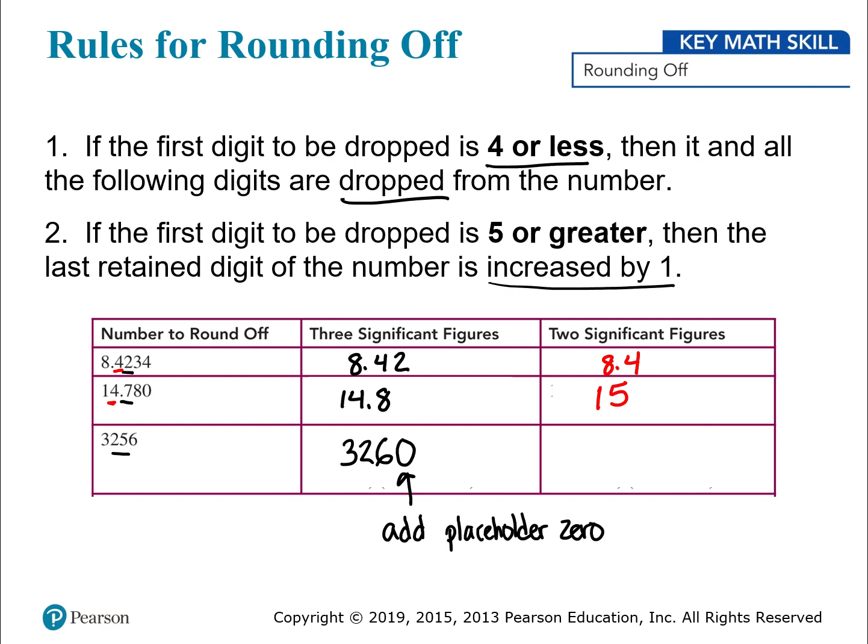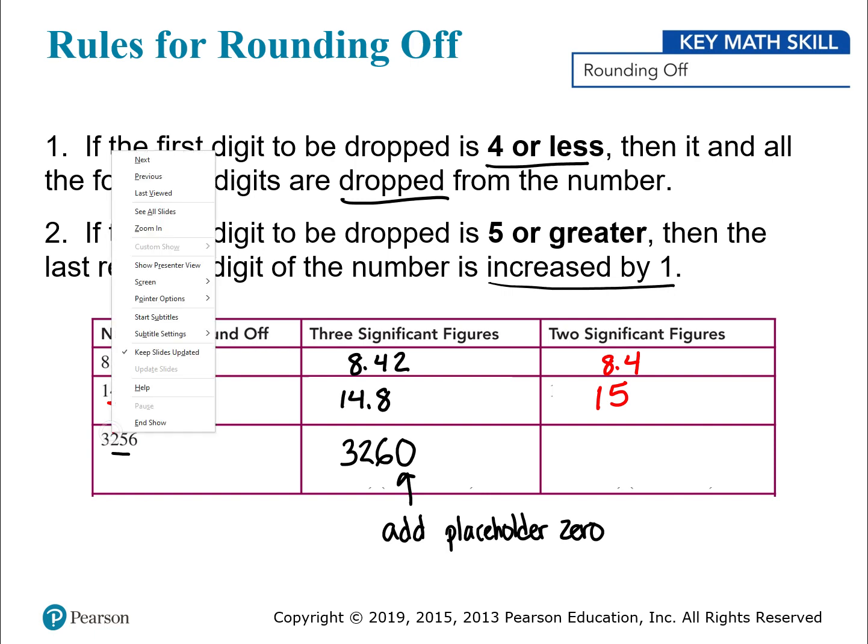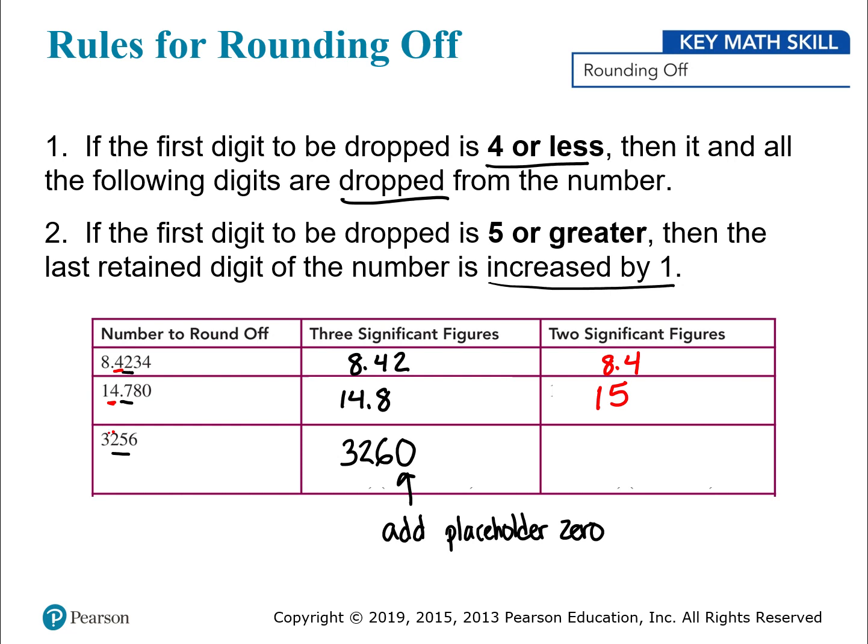For 2 significant figures, we're looking at the 2. So we look at the 5 to see whether or not we're going to round up or just drop. 5 is 5 or greater, so we're going to round that 2 up to a 3, and then we still have to add our placeholder zeros, because 33 is different from 3,300.